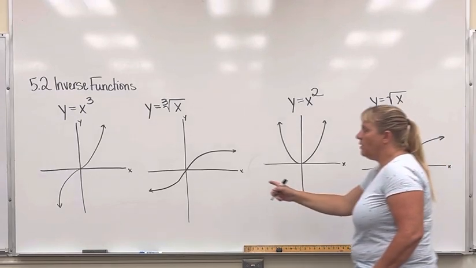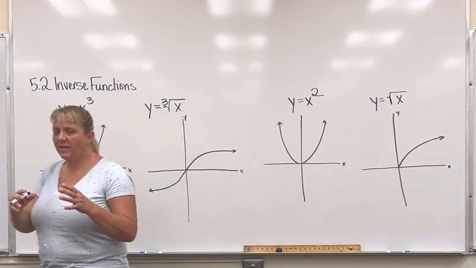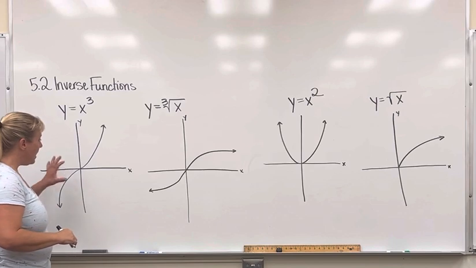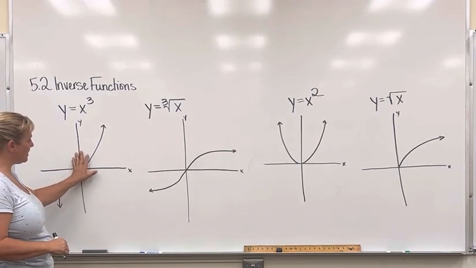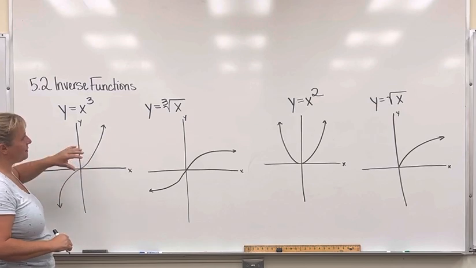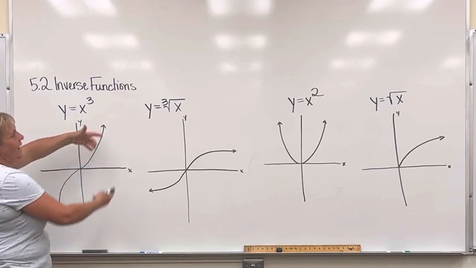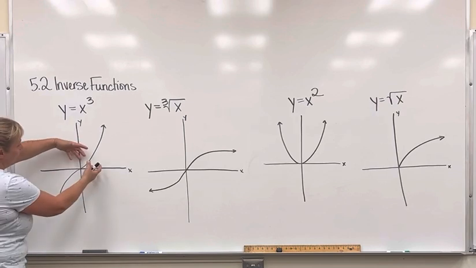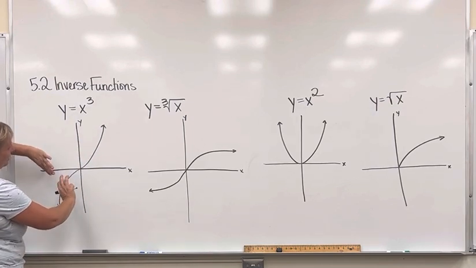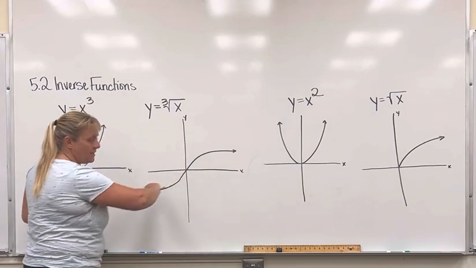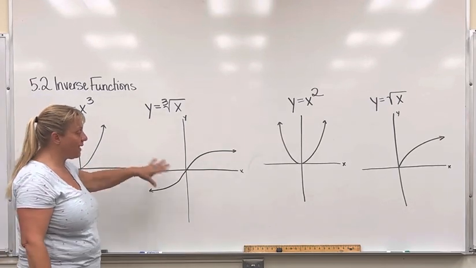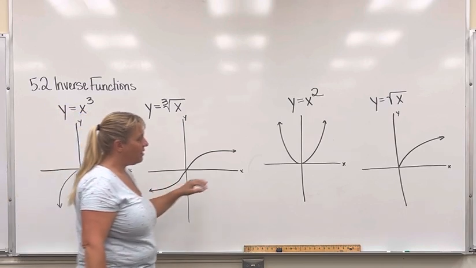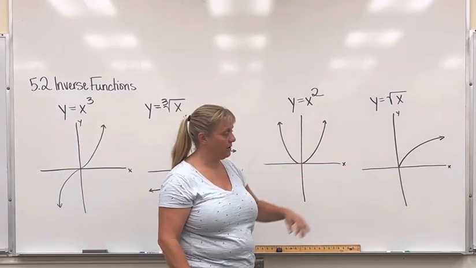So these two guys have a very similar look to them. Basically, it's a reflection. If we were to take this graph and diagonally flip it, we will get this graph here, so a diagonal flip. So there is a reflection going on here, but this one doesn't have the same reflection.